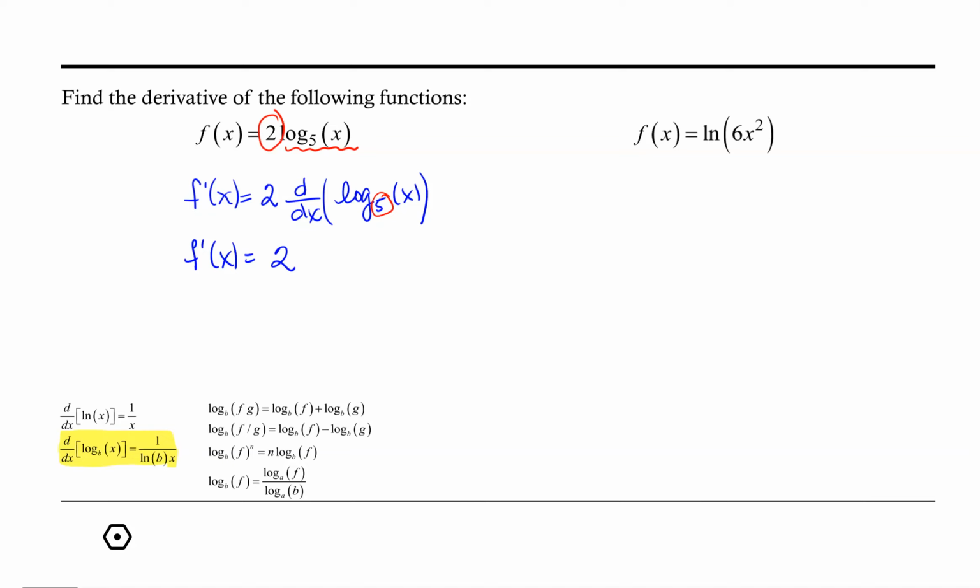So we will have times 1 over natural log of 5 times x, which is 2 over natural log of 5 times x. And there's our derivative.